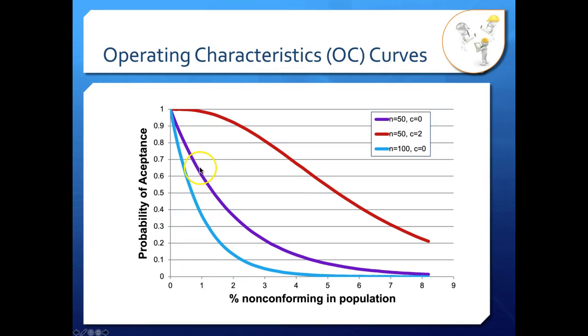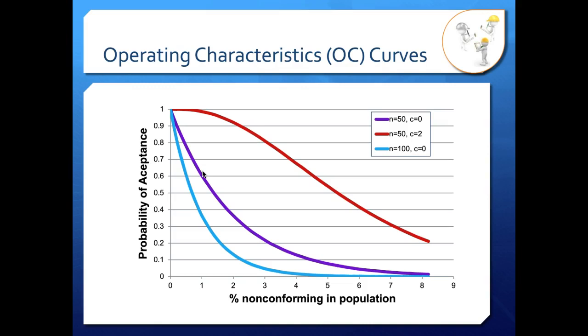If we look at our purple plan, where again we have the same sample size, but now we've tightened our acceptance standards. Now we're not letting any defects go by. So this ends up as about 65% probability of acceptance. So if we have 1% nonconforming in our population, that means that 0.5 out of 50 or 1 out of 100 is going to have defects.